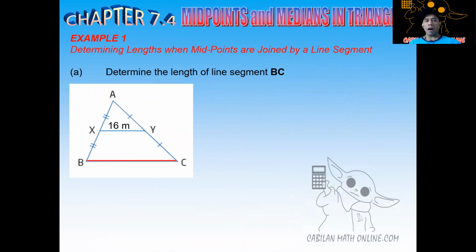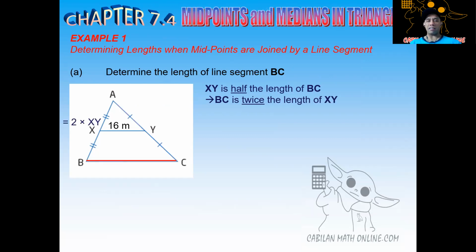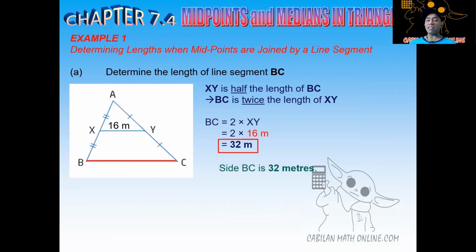Now you notice that what we have to do here is knowing the fact that XY is half of BC, or another way to look at it is that BC is twice or 2 times longer than line segment XY. So all we have to do here is to take the 16, multiply it by 2. So line BC here will be 32 meters. All right. So again, that's just applying the relationship when it comes to connecting lines with midpoints.